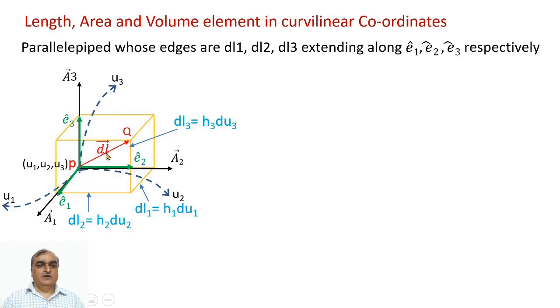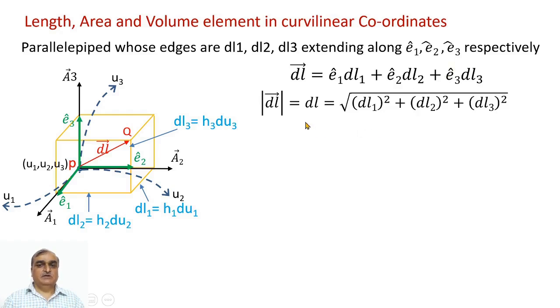Therefore, this vector dl bar is written like this: the first component gives variation of u1, the second component gives variation of u2, and the third component gives variation of u3.